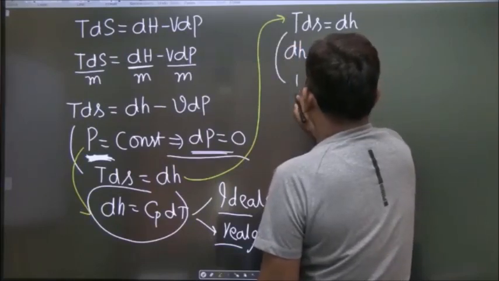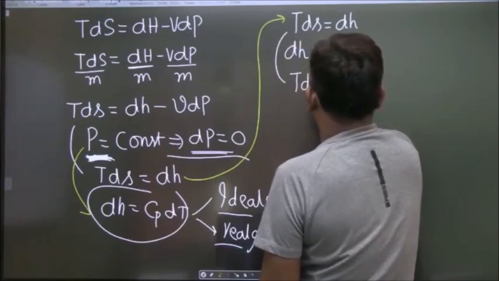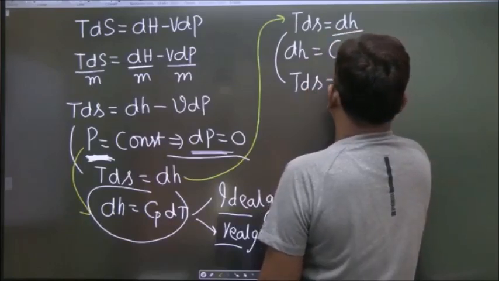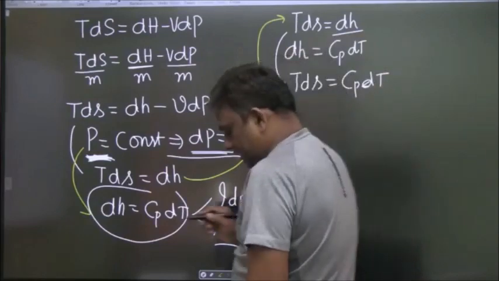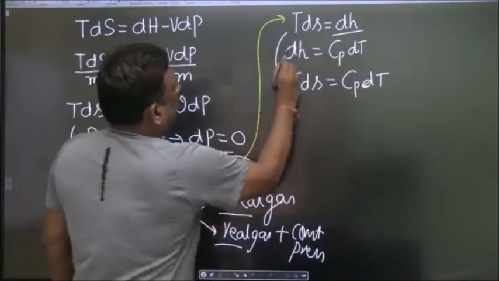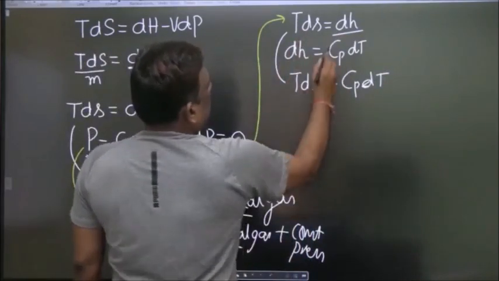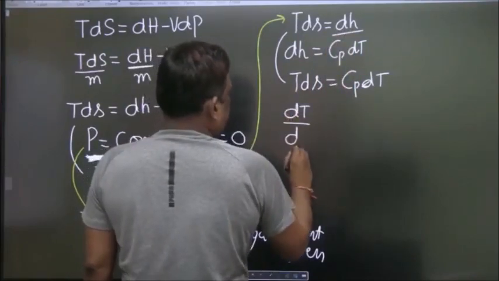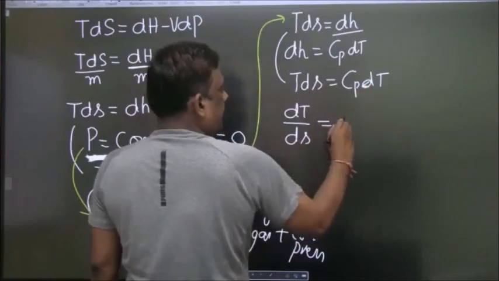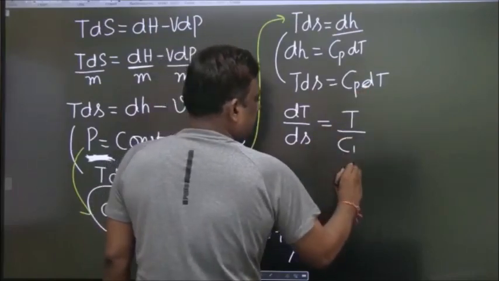So TdS is equal to Cp dT. So dT by dS is equal to T by Cp.